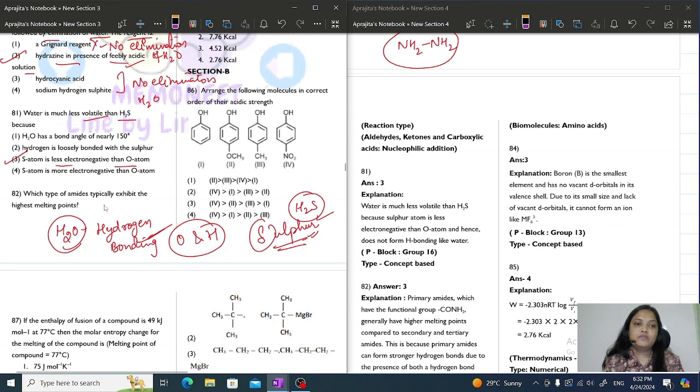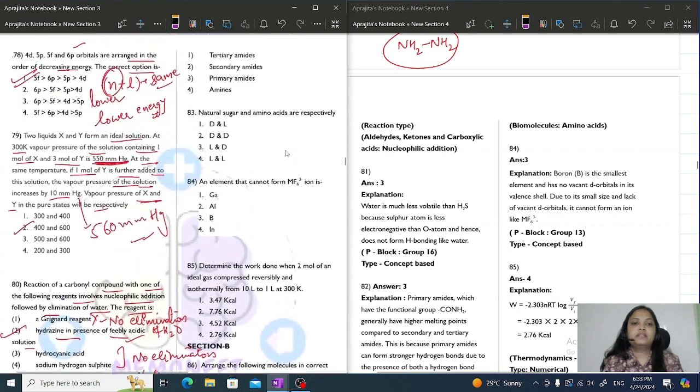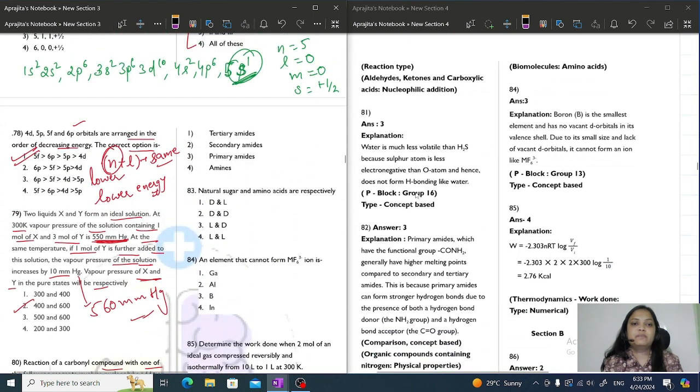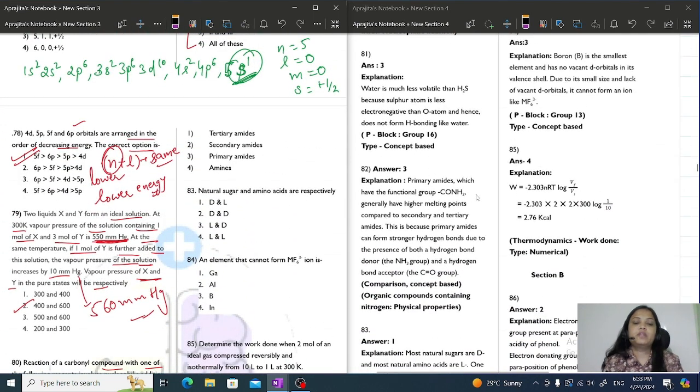Question number 82. Which type of amide typically exhibits the highest melting point? Now let's see the options. Tertiary, secondary, primary amides. Now primary amides have this functional group CONH2. Now they will have higher melting point than secondary or tertiary amide. The reason being they form strong hydrogen bonds.